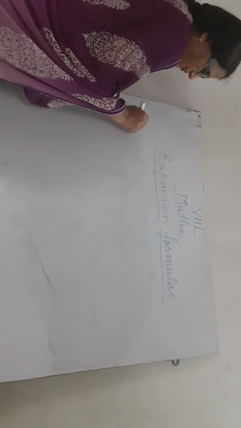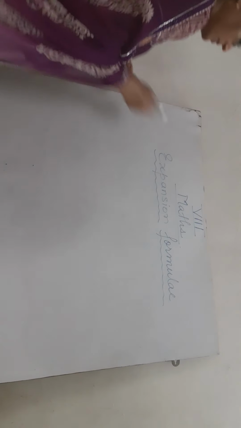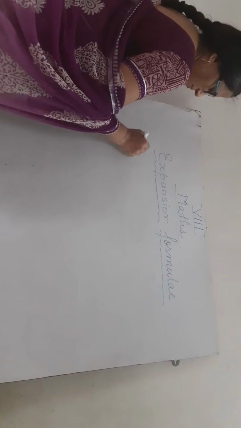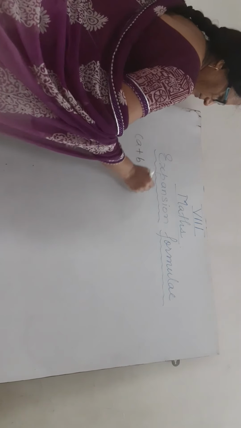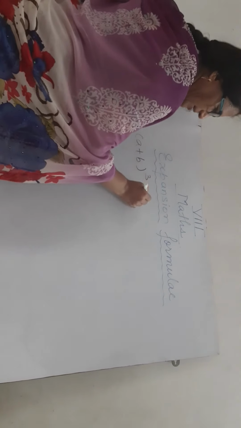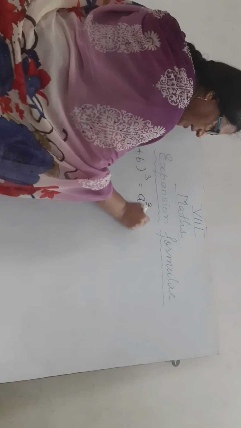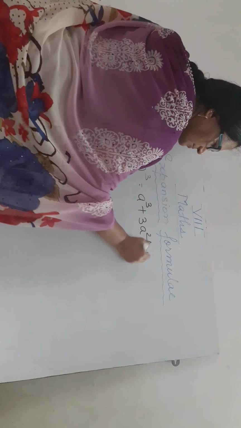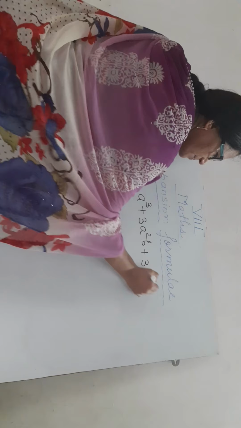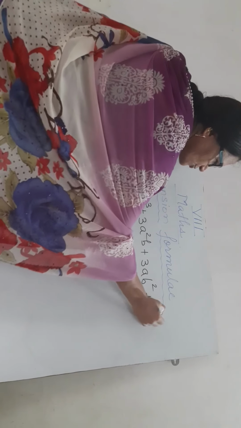What is the expansion of (A plus B) whole cube, just I taught you. A cube plus thrice A square B plus thrice A B square plus B cube.